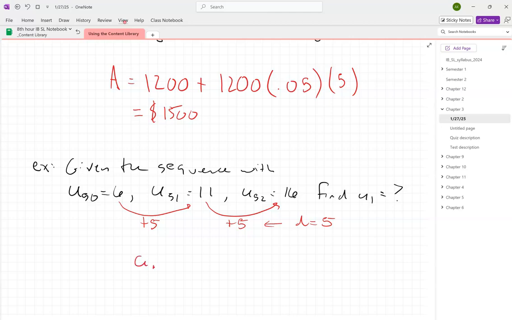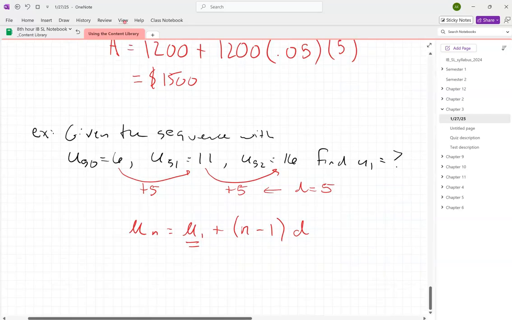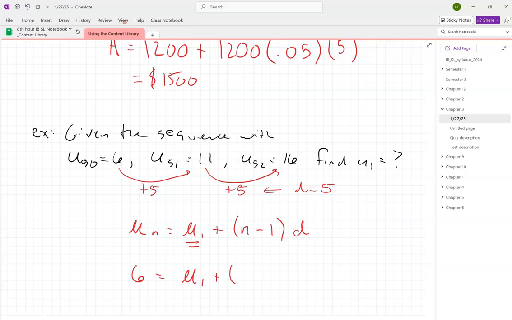And then I can just say, let's use u's, I guess, and we're just going to fill in things to solve for u sub 1. So I'd say 6 is equal to u sub 1 plus 50, well, let's do 50. Let's use this one.